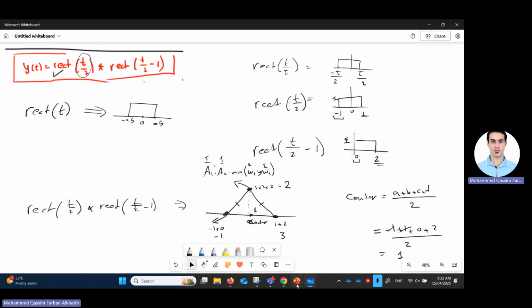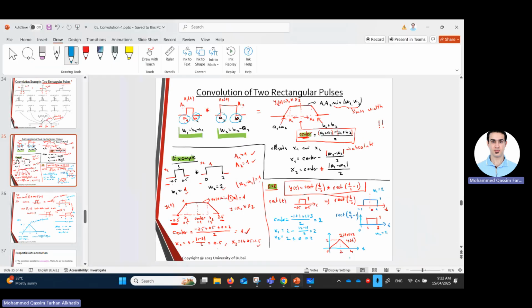Let's double check with the slides. Okay, that's a different question. Product of t over 2, that's the one, correct? Minus 1. No, it should be from 0 to 3, so it's incorrect in the slides. It's going to be from 0 to 2.